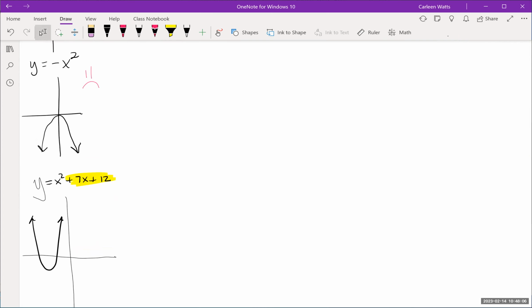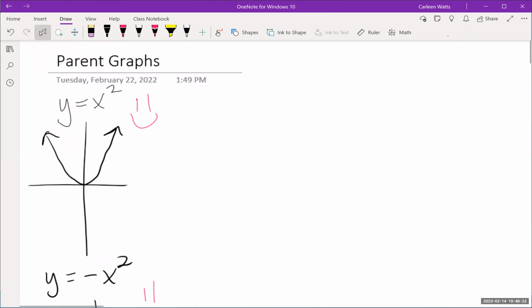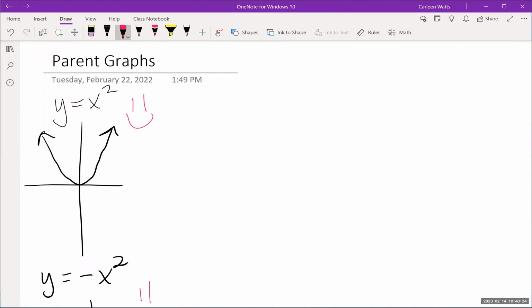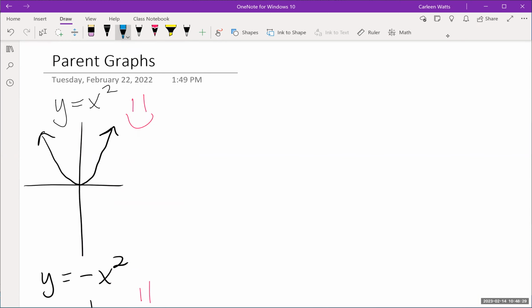So if there's other numbers, it just gets moved, but notice, it has the same shape. Okay. Let's talk about the x-intercepts. This one has an exponent of 2. It hits the x-axis one place, and it is a bounce.